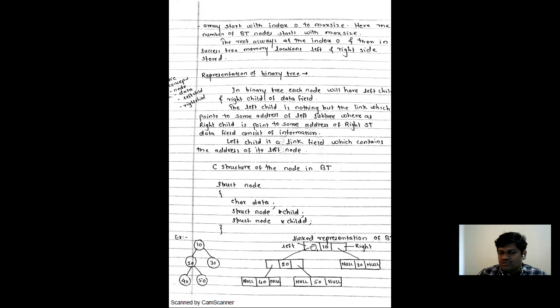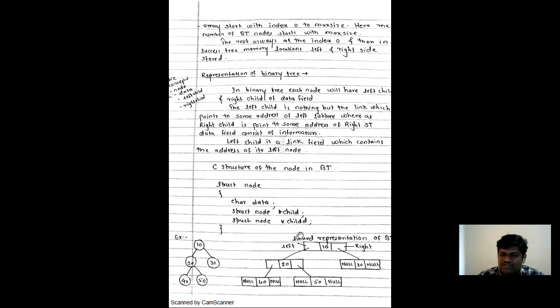So how do we connect with the other node? Link, right? So is a link a variable or a pointer? It is a pointer variable. So here I will write the C structure of the node in the binary tree: struct node, char data.